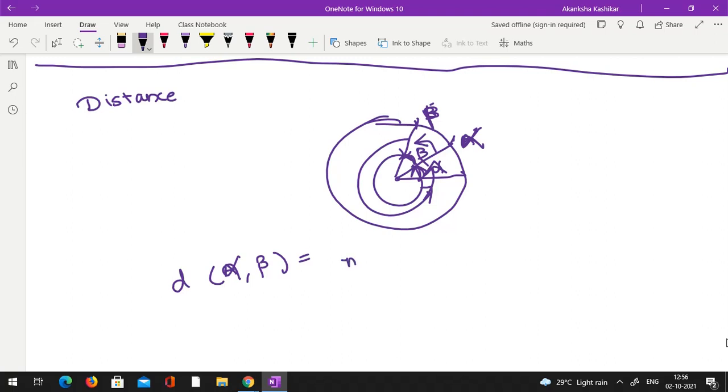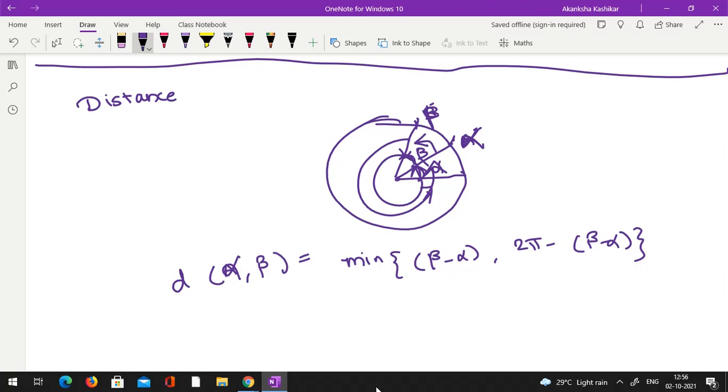This is defined as the minimum of beta minus alpha and 2 pi minus (beta minus alpha), since the bigger angle is beta. So whichever is the smaller angle, we take that as the distance.